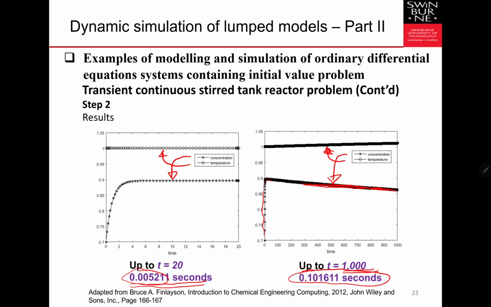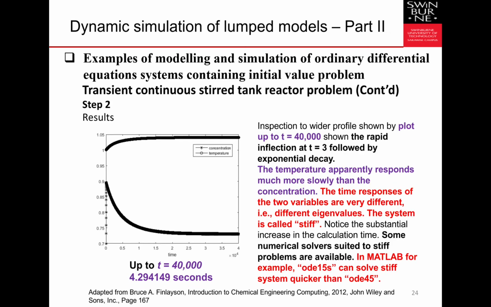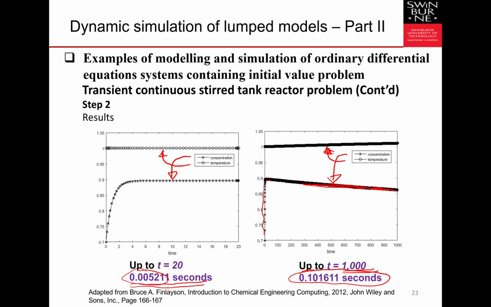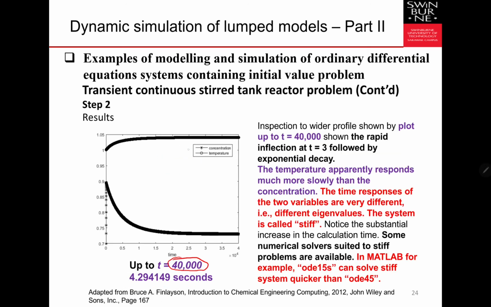Then we want to inspect this problem more, so we increase the time to something much larger, 40,000. As we can see in here, the concentrations are shown in the bottom, and the temperature is shown on the top.